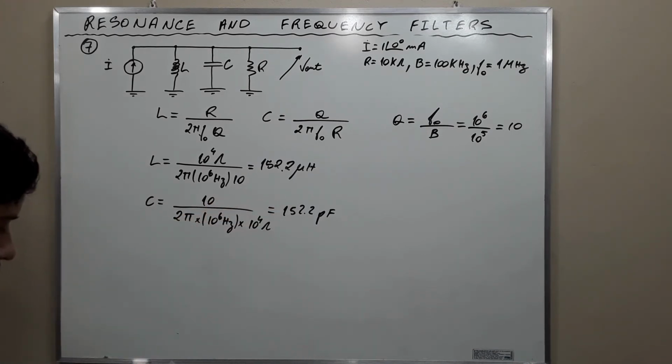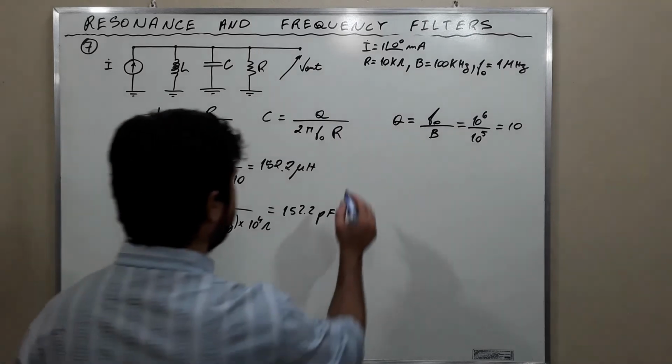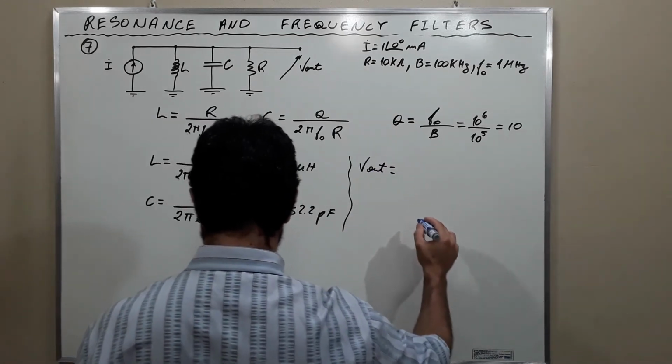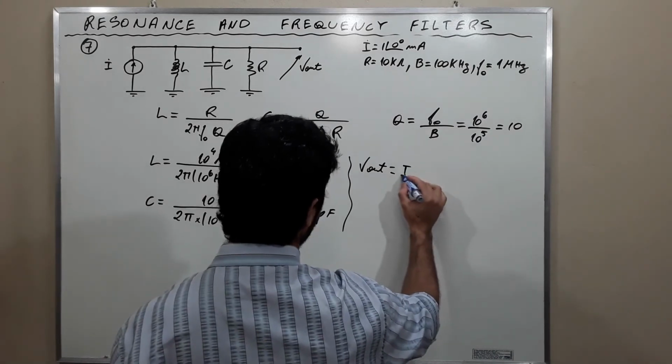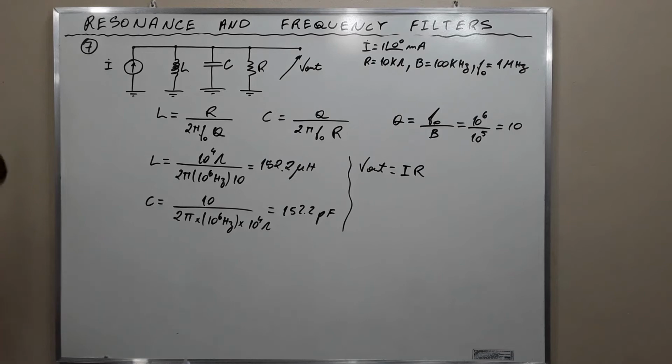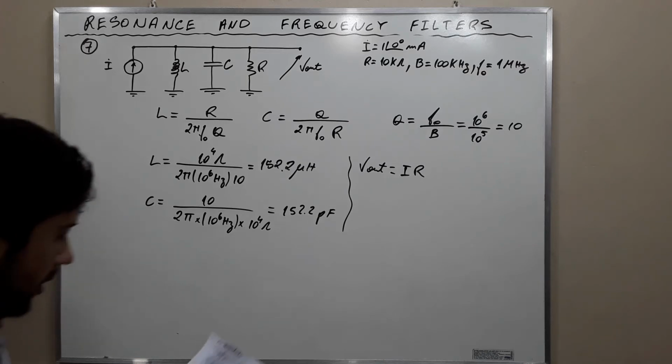Alright, at resonance the output voltage V out is equal to I times R. At resonance, the parallel connection between the inductor and the capacitor will act as an open circuit, okay?